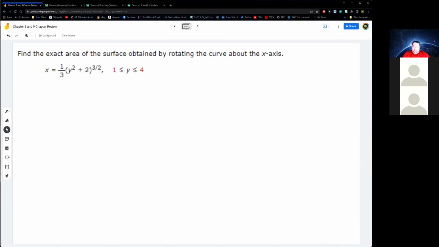So first thing I have to do, again, I've got 2 pi integral from a to b of y times the square root of 1 plus dx/dy squared dy. So I have to do my derivative. This one we're also going to have to do the chain rule for because I have a function inside of a function.